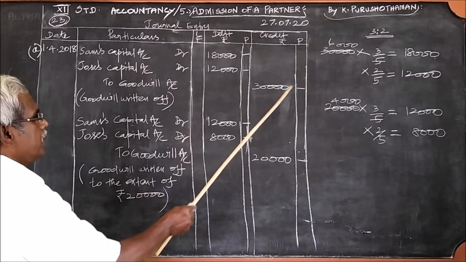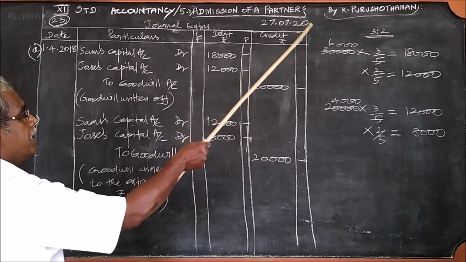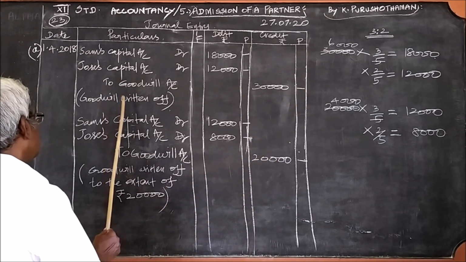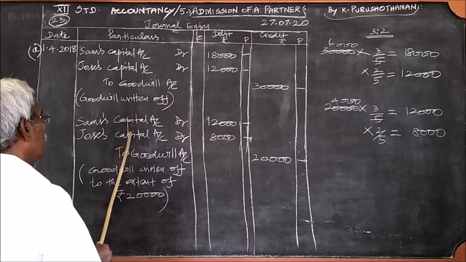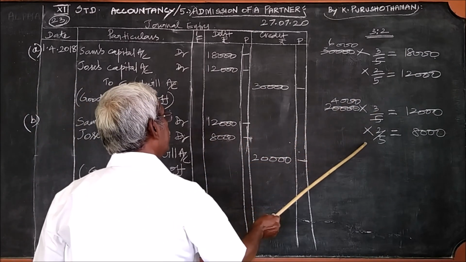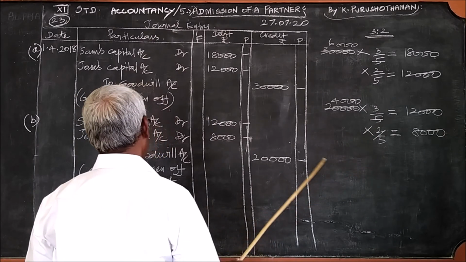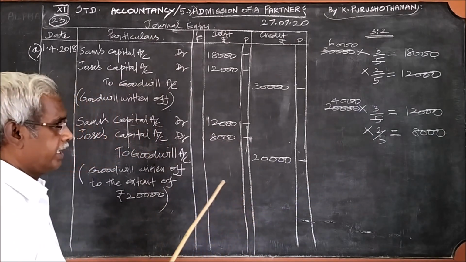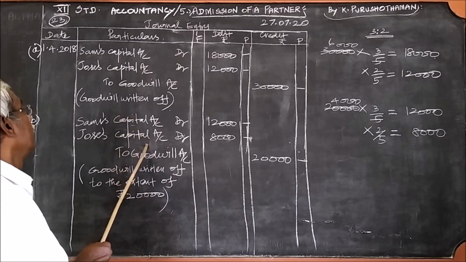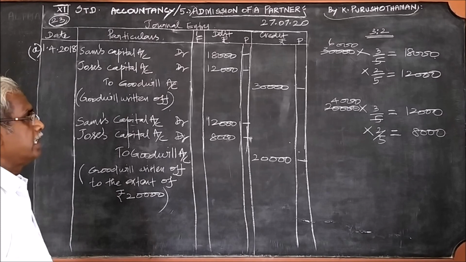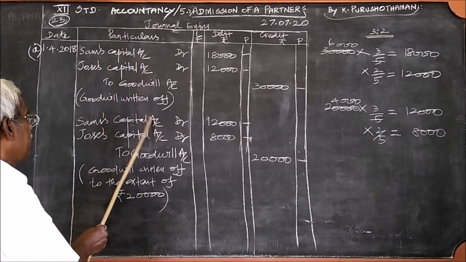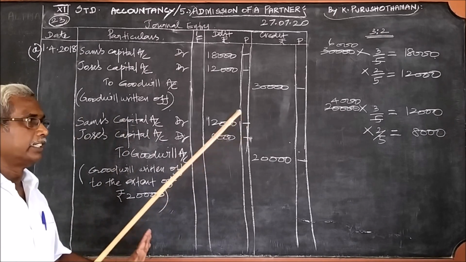Therefore, this 20,000 is divided among the partners in the ratio 3:2. So Sam's is 12,000 and Jose's is 8,000, because 20,000 into 3 by 5 and 20,000 into 2 by 5. Since the instruction given here is that the fluctuating method is followed, we are using the capital account. If the fixed capital method is followed, we will write Sam's current account, Joe's current account.